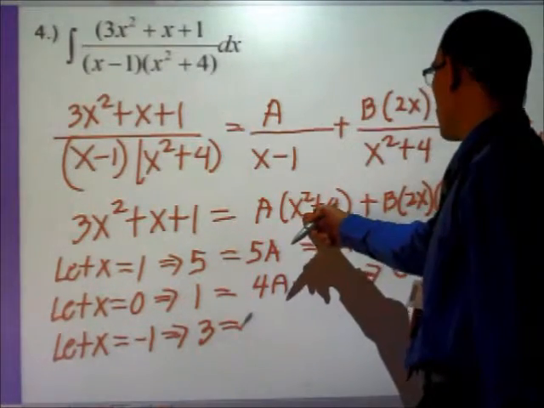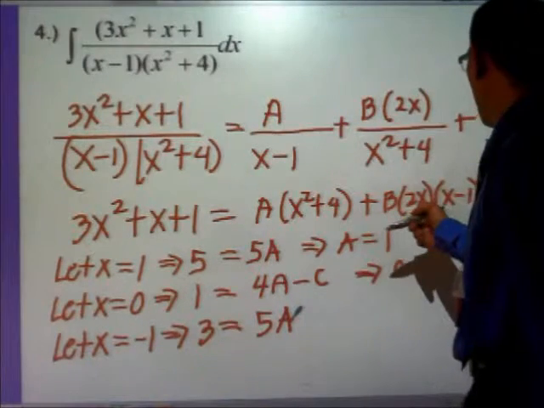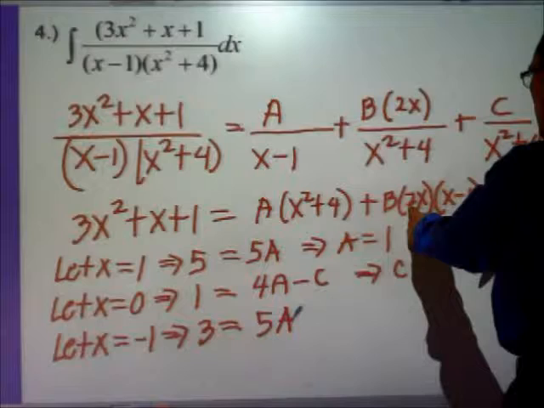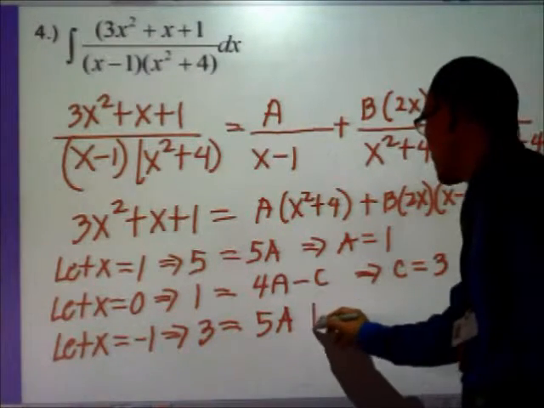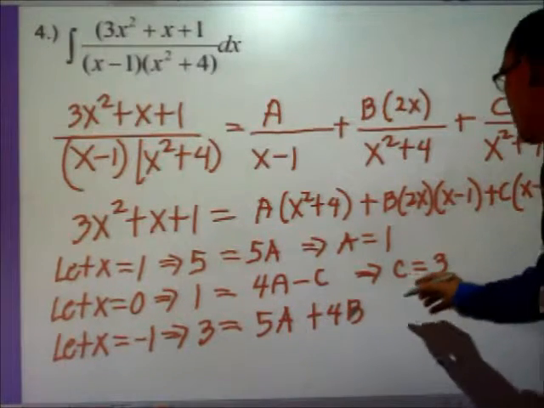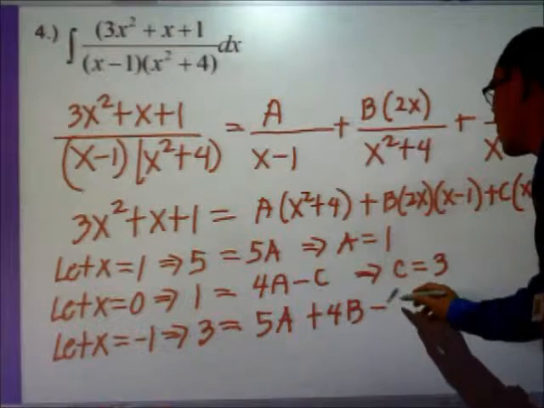This is negative 1 squared is 5a again. Negative 1 times negative 2, that's positive 4b. And then plus negative 1 minus 2c.